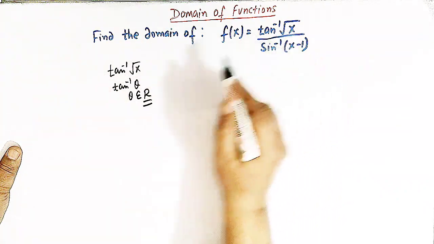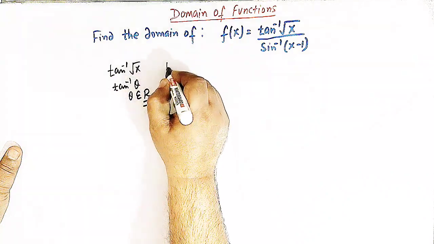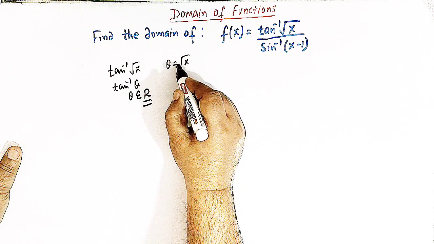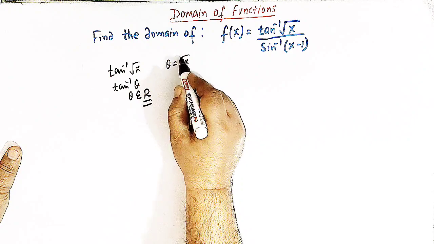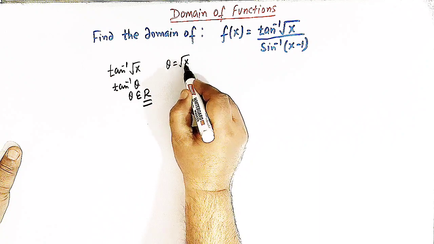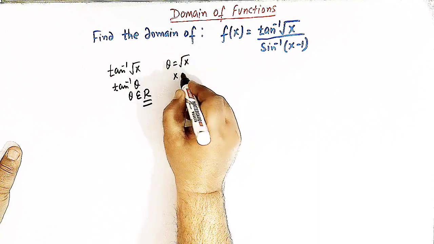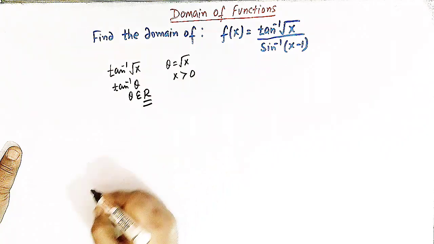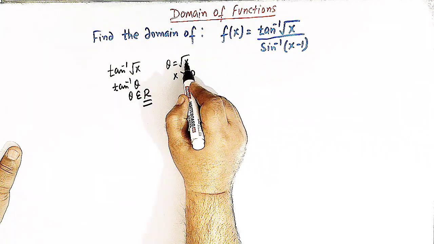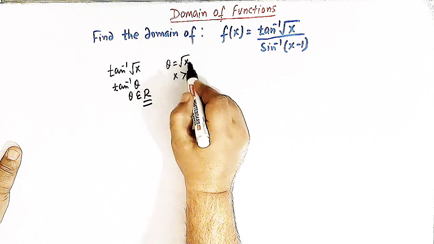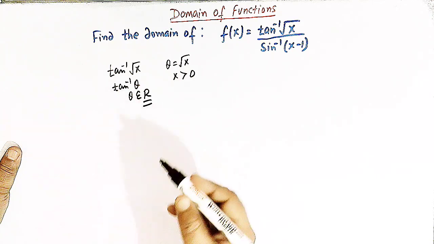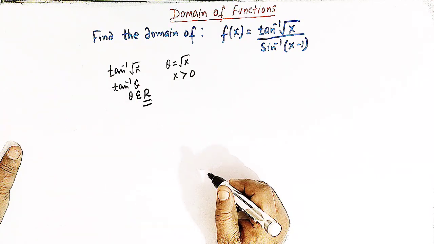Now here for theta we have square root of x, right? And since here we have the square root of x, this quantity x has to be greater than or equal to 0, right? Because x cannot be negative here, because when we have a negative quantity inside the square root sign, then we have a complex number.